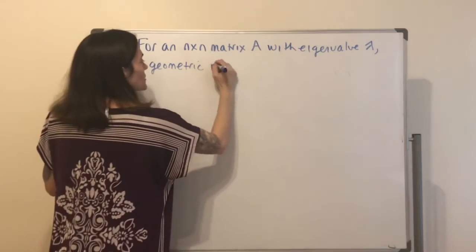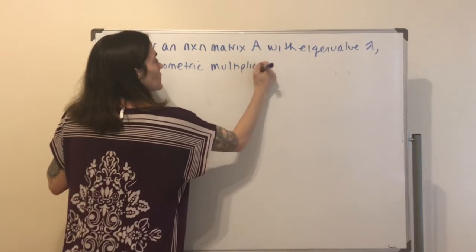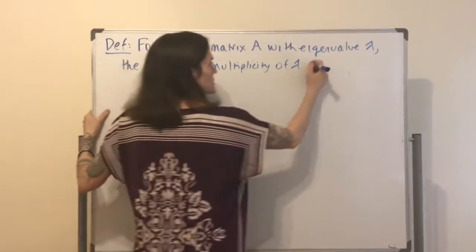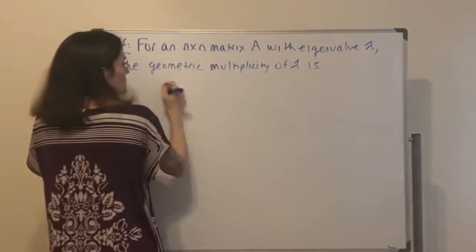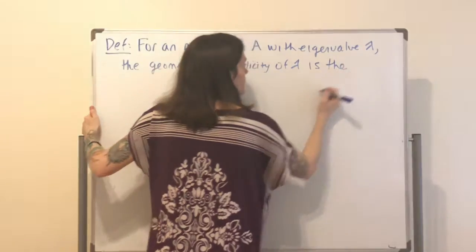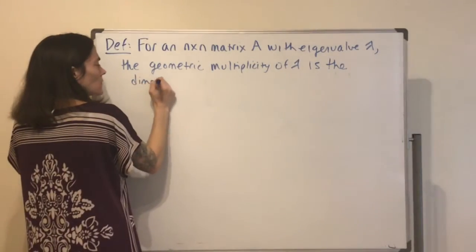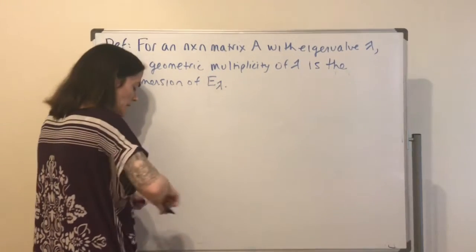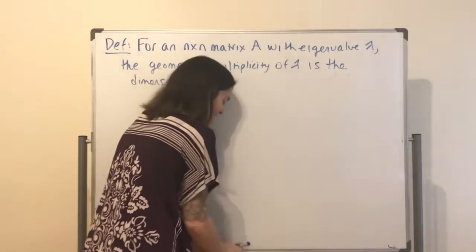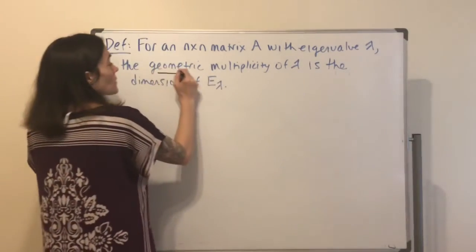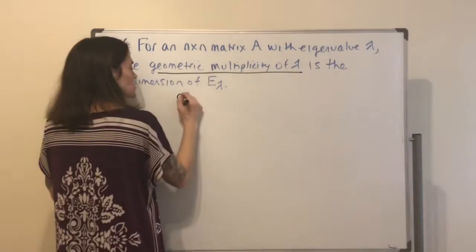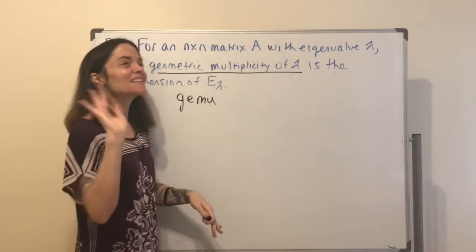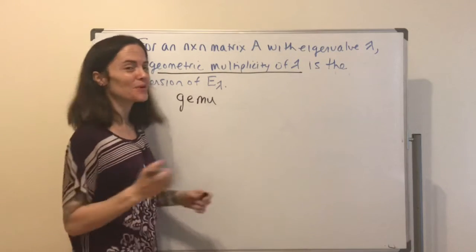But the geometric multiplicity of lambda is the dimension of E lambda. And the notation is g mu. We had al mu for algebraic multiplicity. It's g mu.